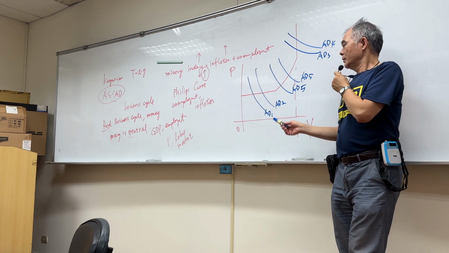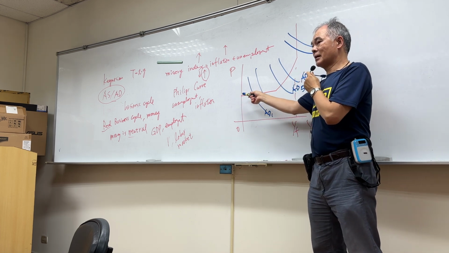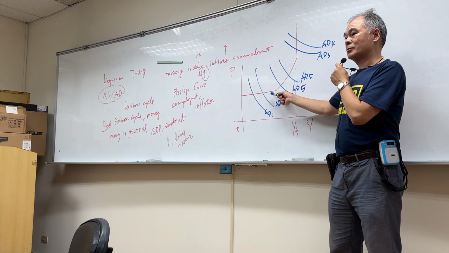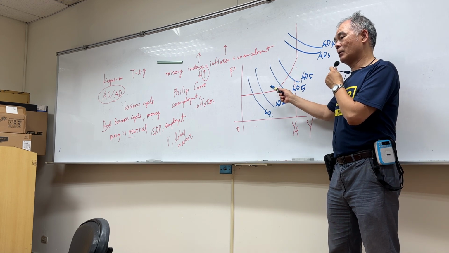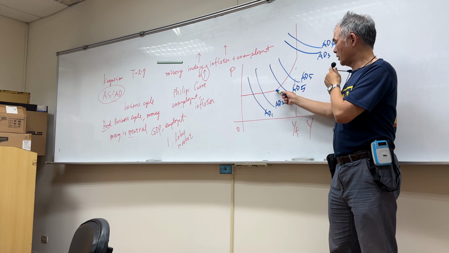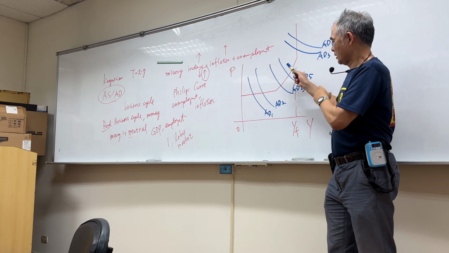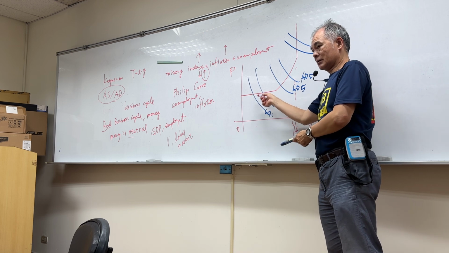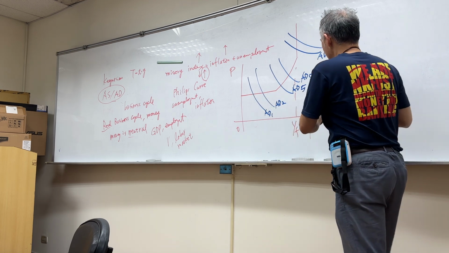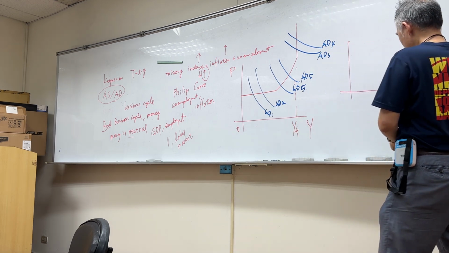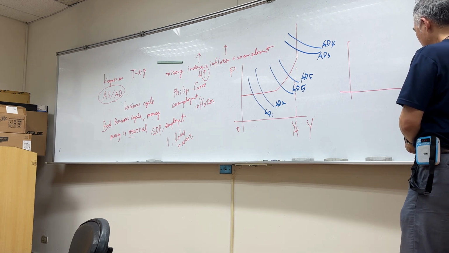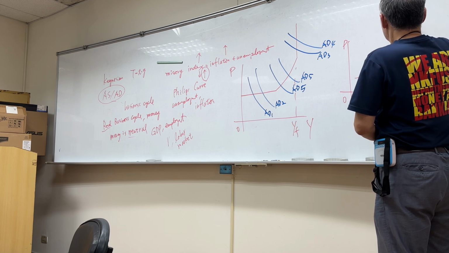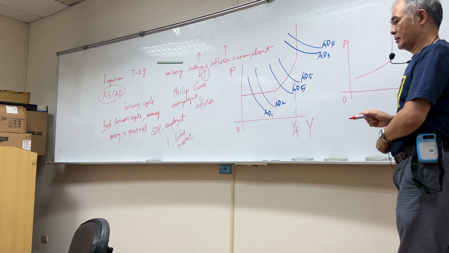Generally, this horizontal section is not that easy to see. So when I explain what's going on in class, usually I will draw something like this rather than this horizontal section. I will forget about that. So let us say we are going to get a diagram of aggregate supply.